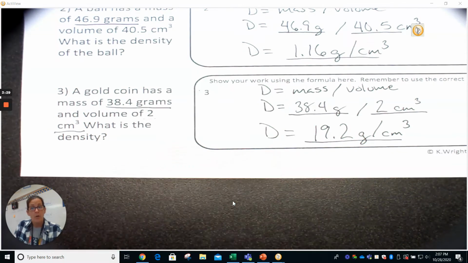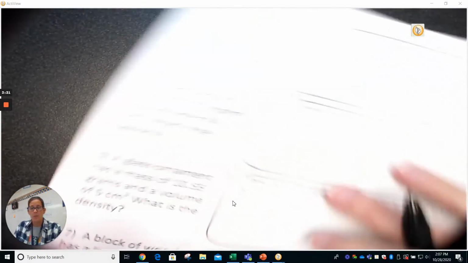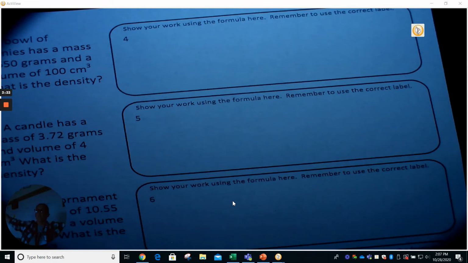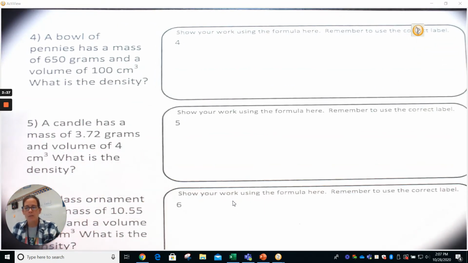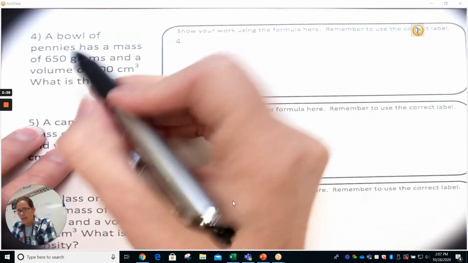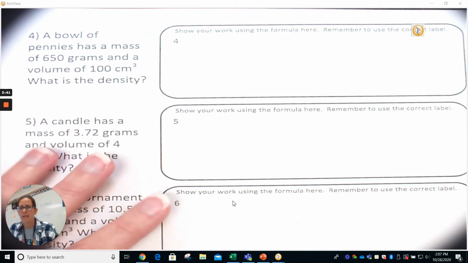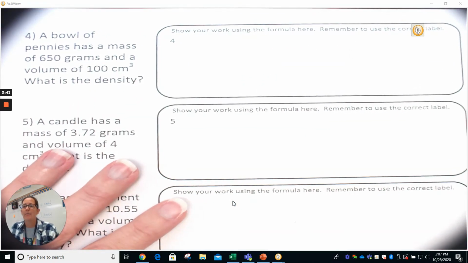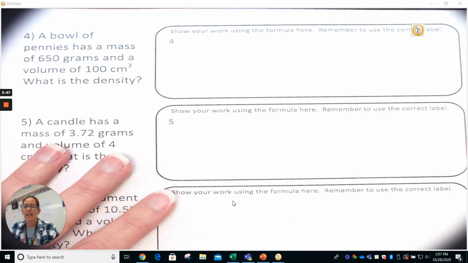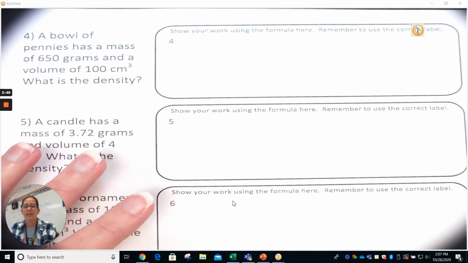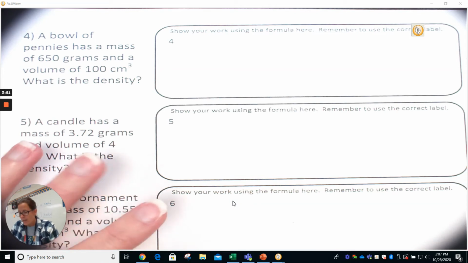Okay, is this starting to make sense? It's getting a little bit easier, right? I mean, really all it is mass. The only thing we're adding to this is those units, and they're telling you what they are over here in the question. So number 4 says, a bowl of pennies has a mass of 650 grams and a volume of 100 centimeters cubed. What is the density?